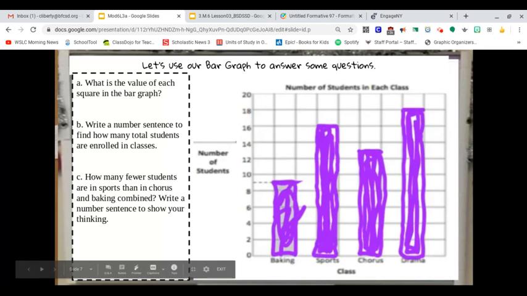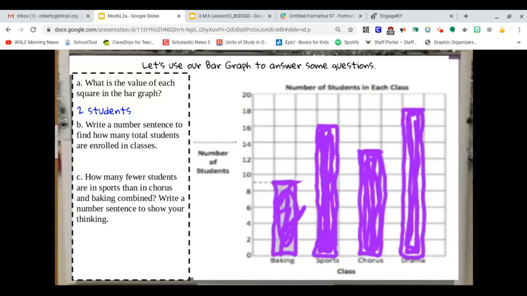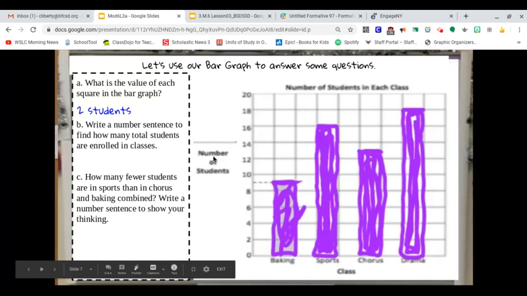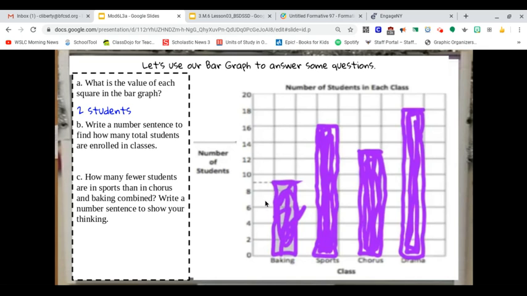We're counting by 2s, so each square is worth 2. Okay, 2 students. My label is number of students. So this is worth 2 students. This is worth 4 students, 6 students, 8 students, 10 students, all the way up to 20 students is the most that I could have in any class because that's how far my bar graph goes.